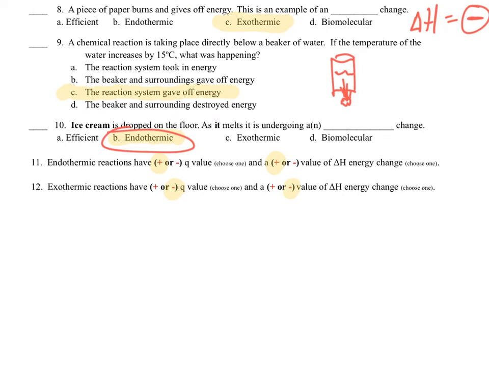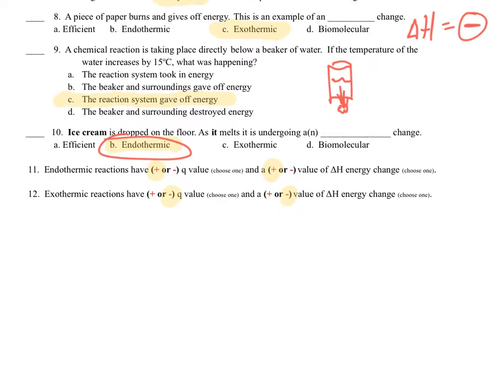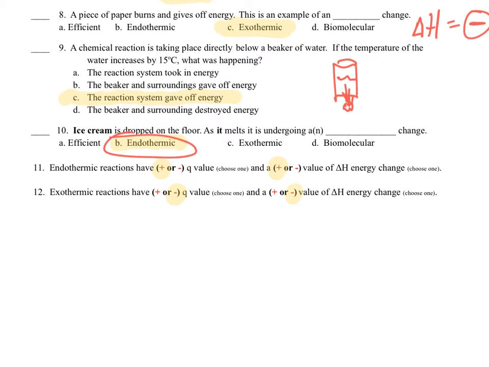Number 11, endothermic reactions have a plus or a minus Q value. Now we could talk about Q in terms of MC delta T. If it's endothermic, then Q is a positive number and the heat goes in.